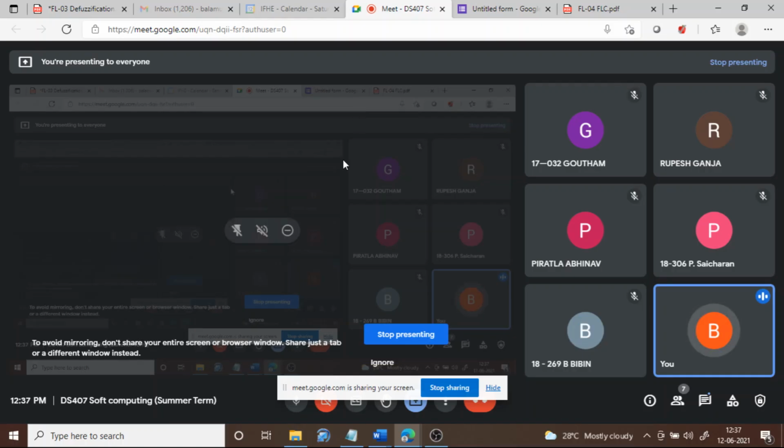When you use FOM technique, what will be the crisp value?